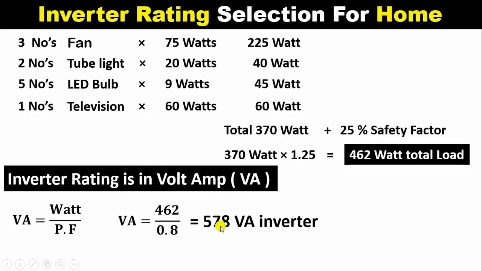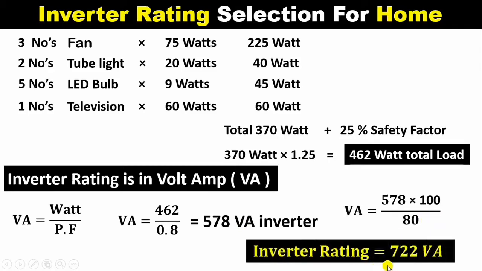But also in this case, there's going to be need for us to multiply this inverter rating by a safety factor of 25%. We multiply by 1.25, which is 100 divided by 80, that's equivalent to 1.25.